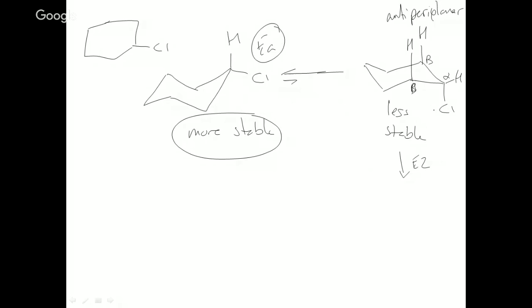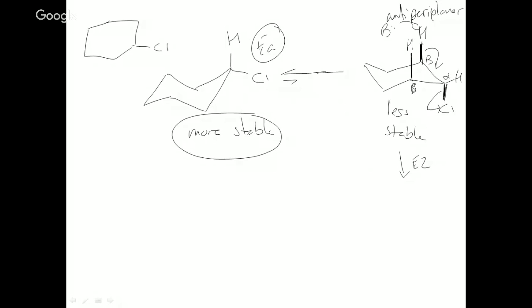Okay, so it's more reactive to E2 because of the anti-periplanarity. And the Cl, the same thing as here. Okay. So we can deprotonate like so. A base will come in here and deprotonate that. Okay, really, really interesting case.